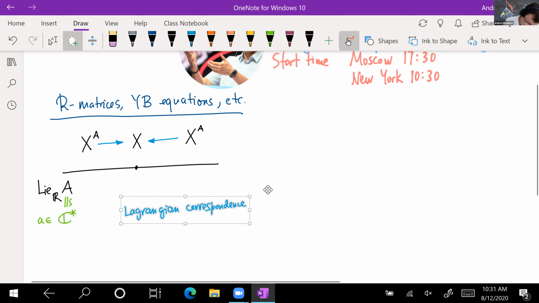And then the statement is that if I take this stable envelope and then this stable envelope, they compose.